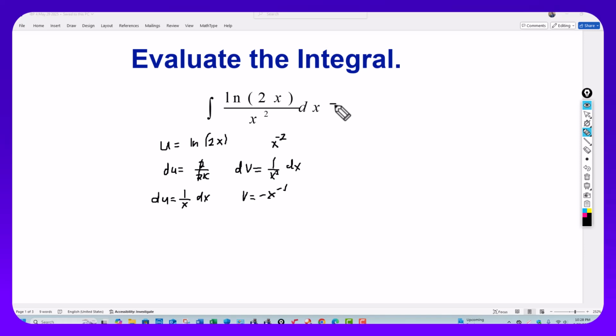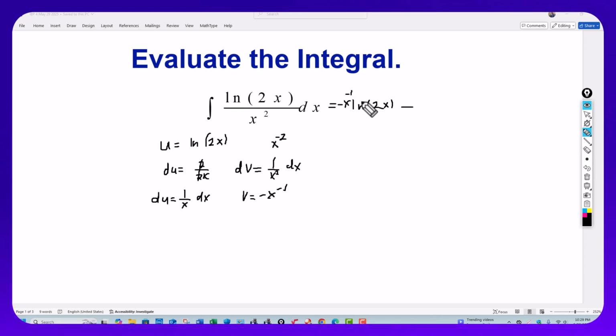And this will equal, for the integration by parts formula, it starts off with whatever you got for u. We let u equal ln of 2x. So it'll be ln of 2x, that's multiplied by v, and v is equal to minus x to the negative 1. So that's u times v.